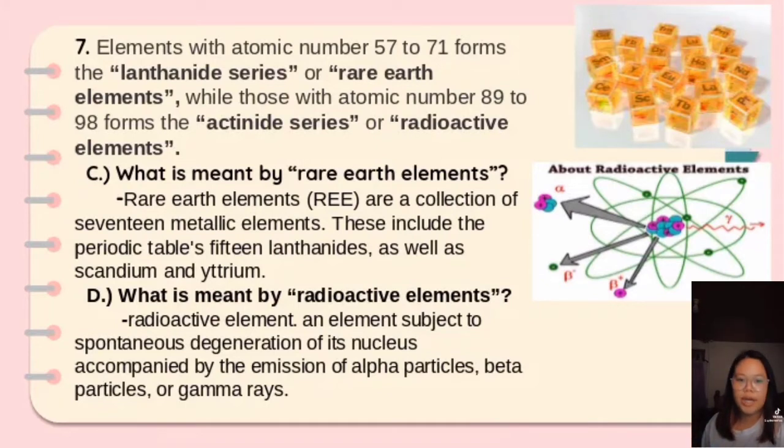These include the periodic table's 15 lanthanides as well as scandium and yttrium. Next question is, what is meant by radioactive elements? Radioactive elements are elements subject to spontaneous degeneration of their nucleus accompanied by the emission of alpha particles, beta particles, or gamma rays.